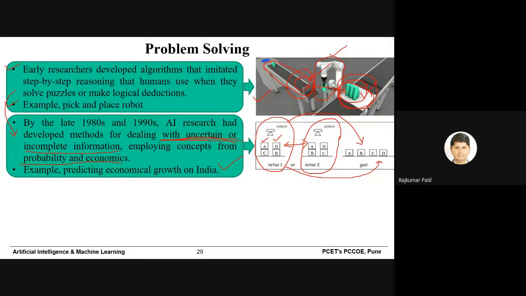The blocks A, B, C, D are arranged in a different way. Then the same algorithm will not work and you will not get the A, B, C, D arrangement, which we can see in our goal. So here an unpredicted thing is there.